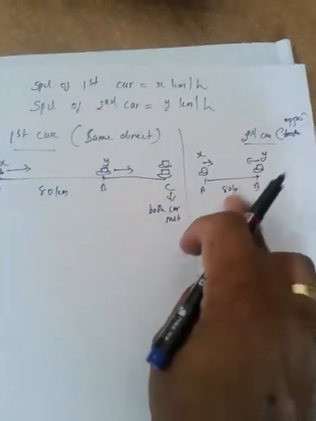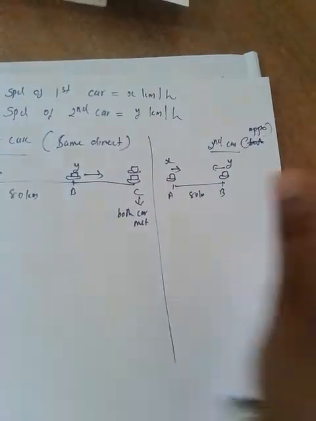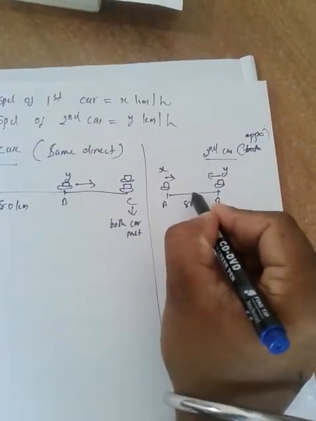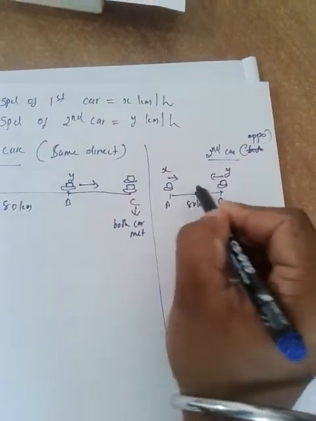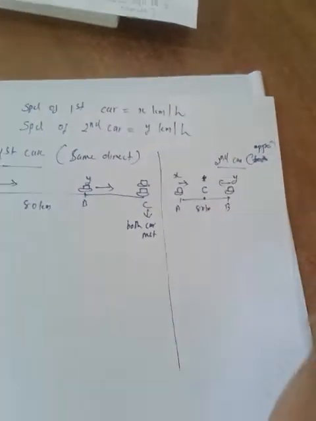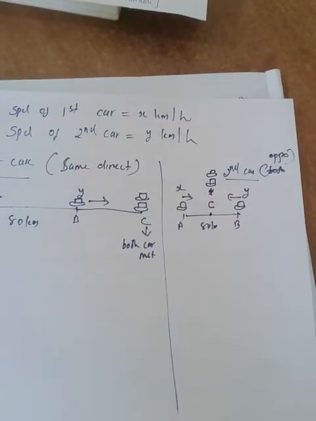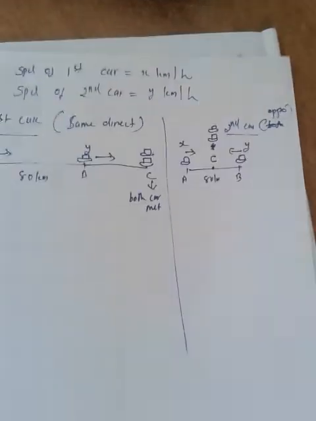Because this case is different from the first case. In this case both cars are traveling in the opposite direction, so the meeting point C should be in between A and B. And at this point both cars meet each other at C. Are you following me?